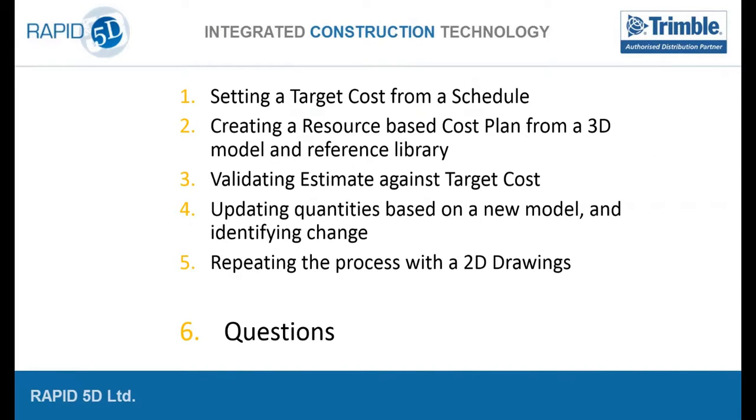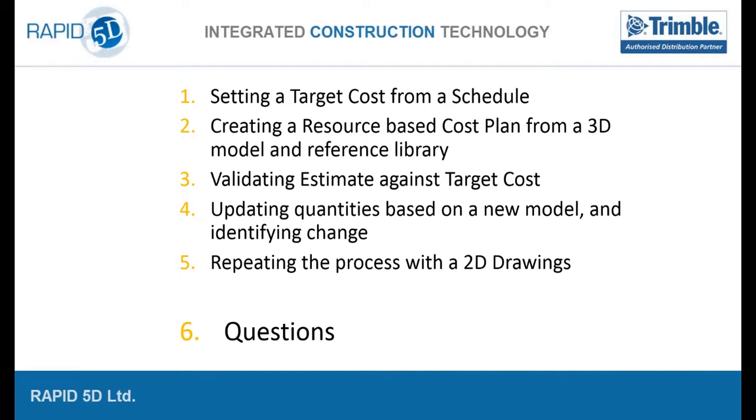So the agenda for today's webinar is, first of all, we're going to use the target cost function within Vico Office to define a set of costs from perhaps a pricing schedule from either a client or from a benchmarked cost planning area. Then we're going to create a resource-based cost plan from a 3D model using a reference library. Then after that, we're going to validate that estimate against the target cost.